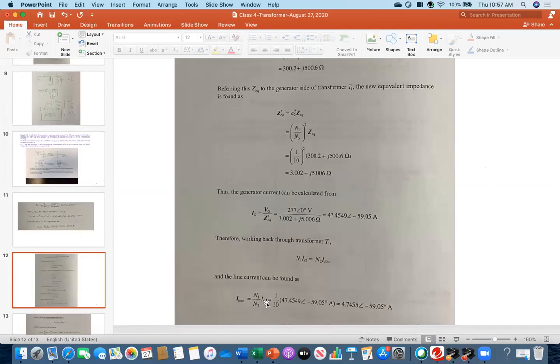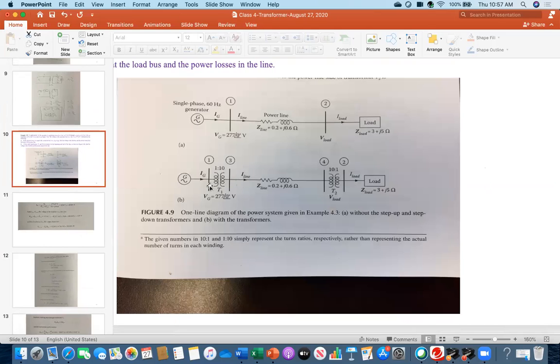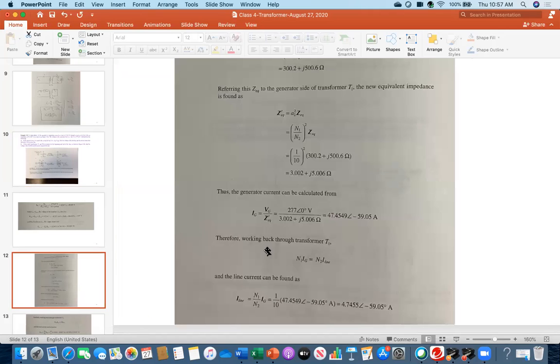Keeping that in mind, now for example, look at this one, the last calculation. I line and IG, I line and IG. So here it is I line, and you have the IG. N1 is 1, N2 is 10. So assume that your I line is I2 and IG is your I1. So see how it is calculated.